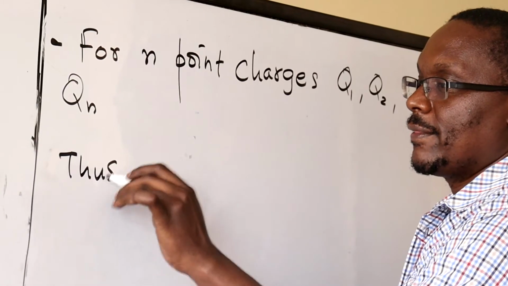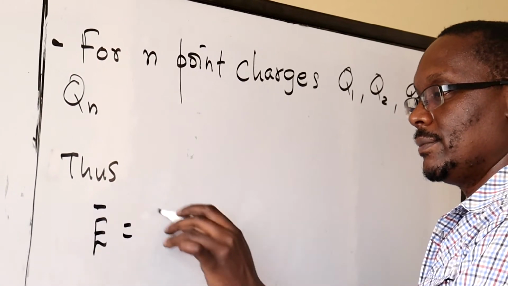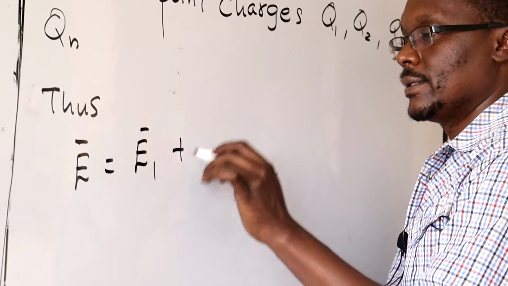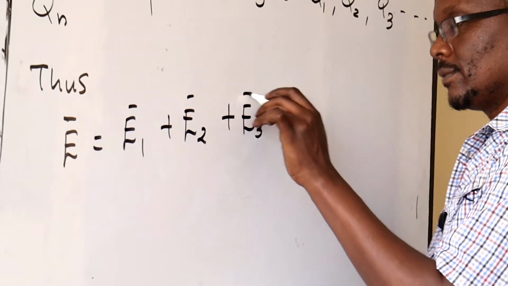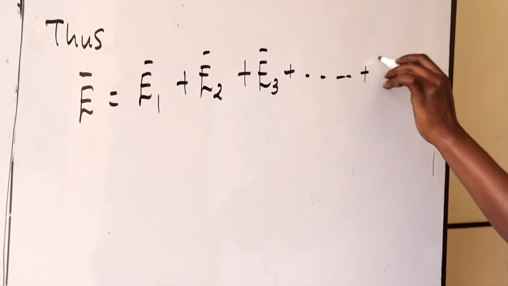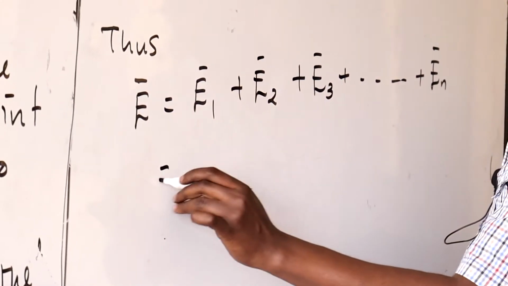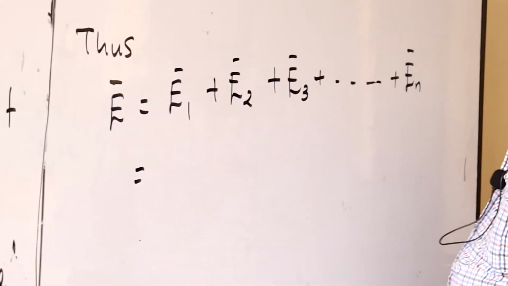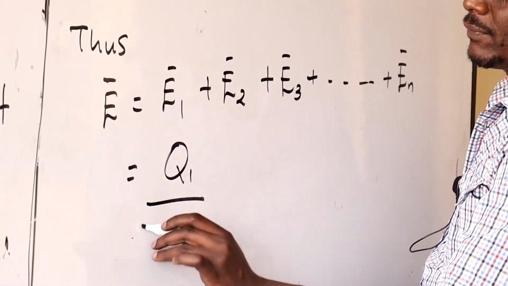So E bar will be E1 bar plus E2 bar plus E3 bar plus all the way up to En bar.